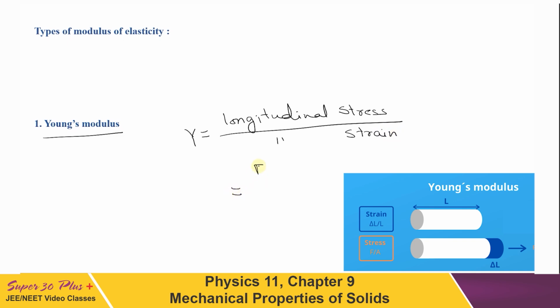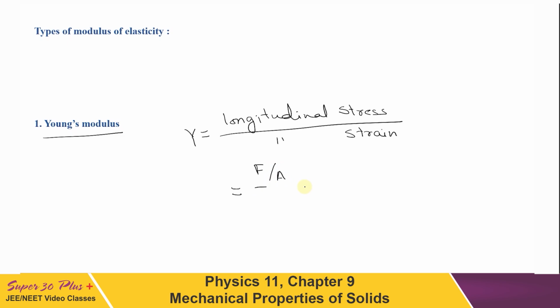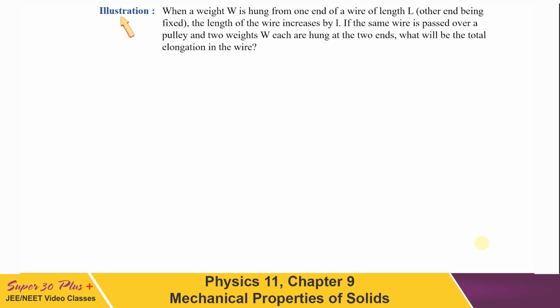Stress can be written as force upon area, and longitudinal strain has to be delta L upon L. From here we can write Y to be equal to FL upon A delta L. This is Young's modulus of elasticity. Let us first do a numerical based on this.